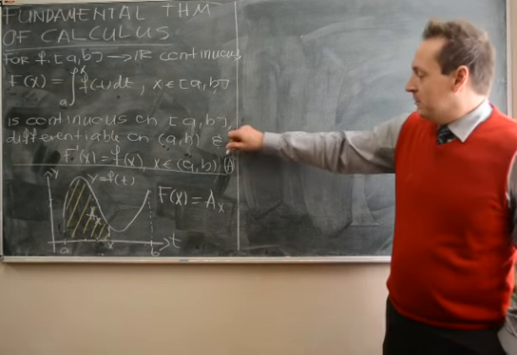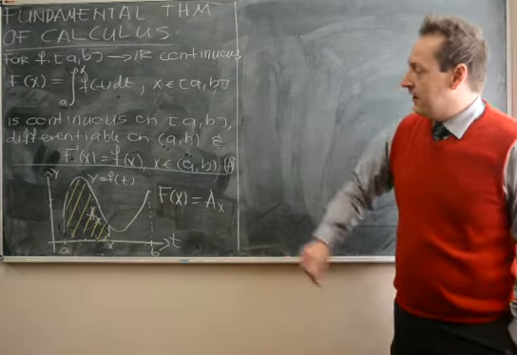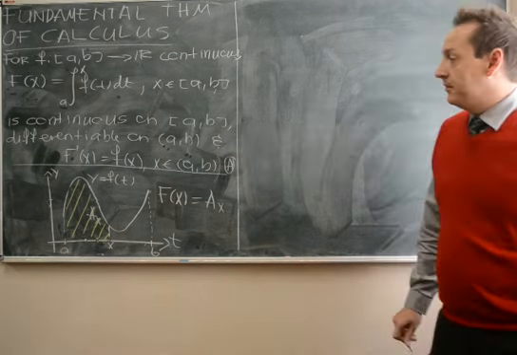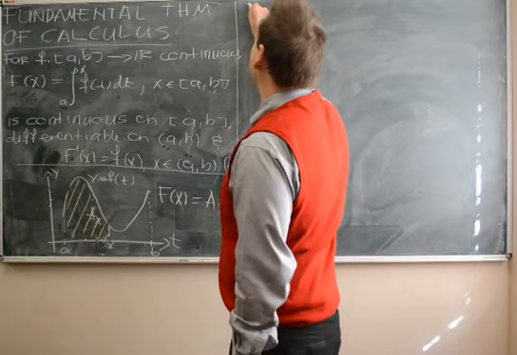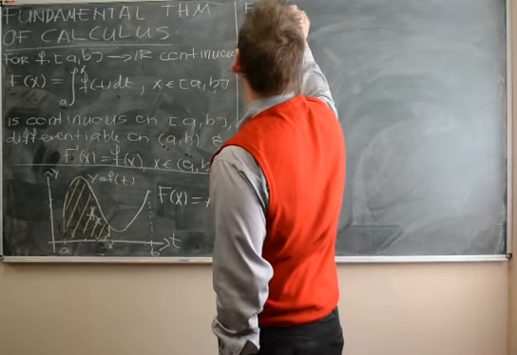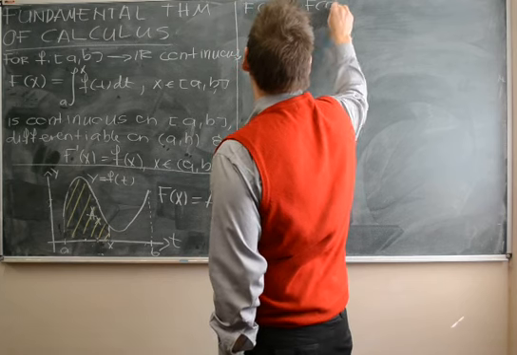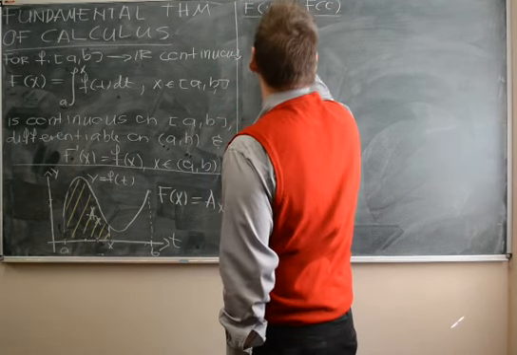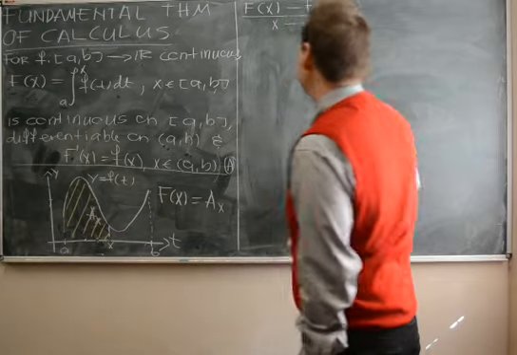So now let's see why this formula for the derivative of big F is true. We're going to look at the quotient big F of x minus big F of c over x minus c.